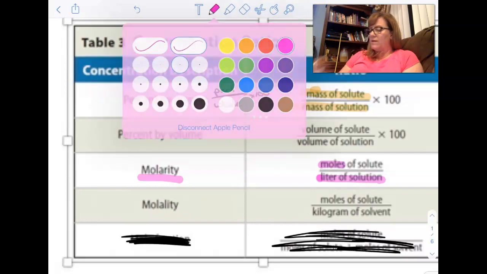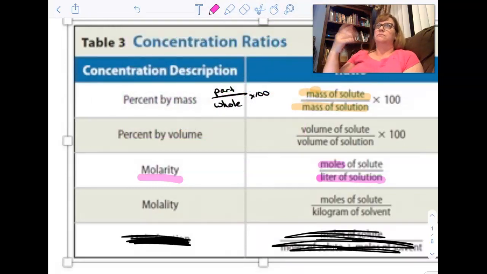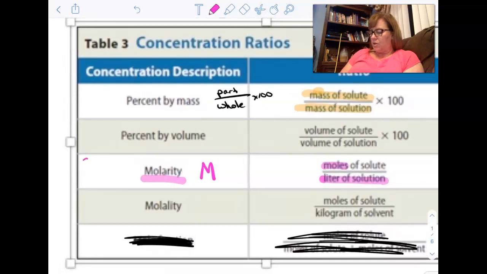Molarity is always abbreviated or shown as a capital M. So you might see something that says 3 molar hydrochloric acid solution, right? That means that you've measured that solution based on its molarity.